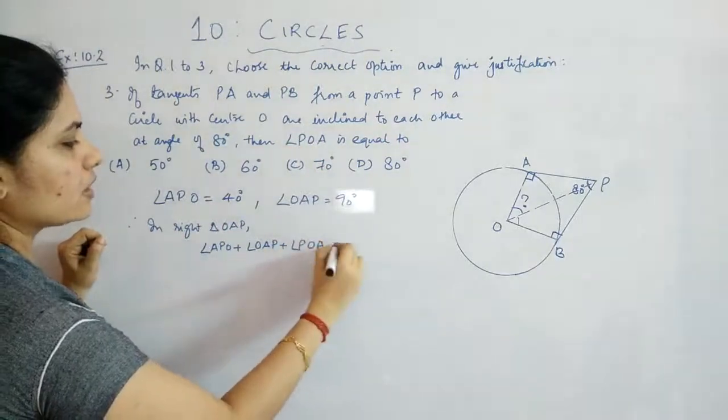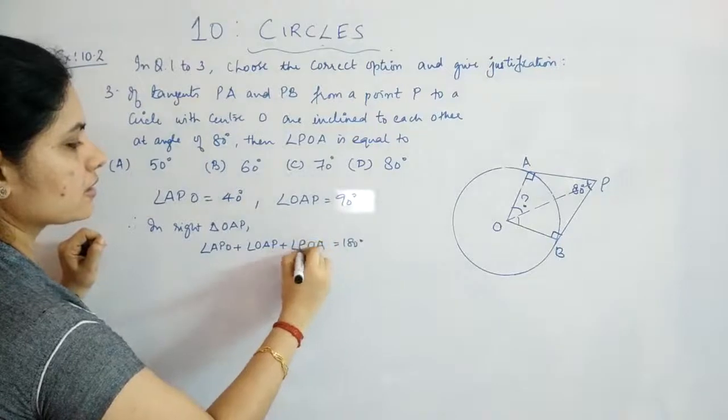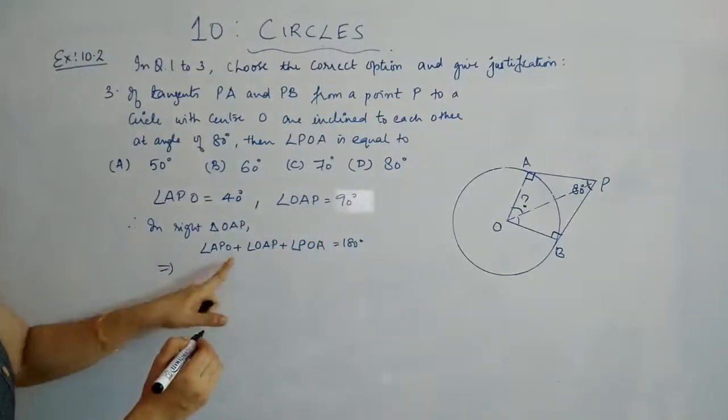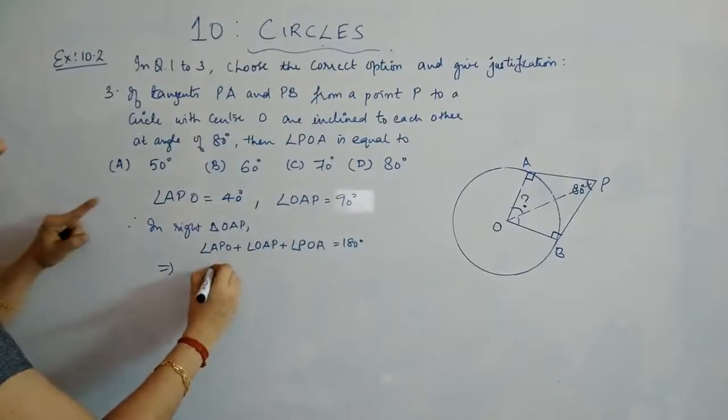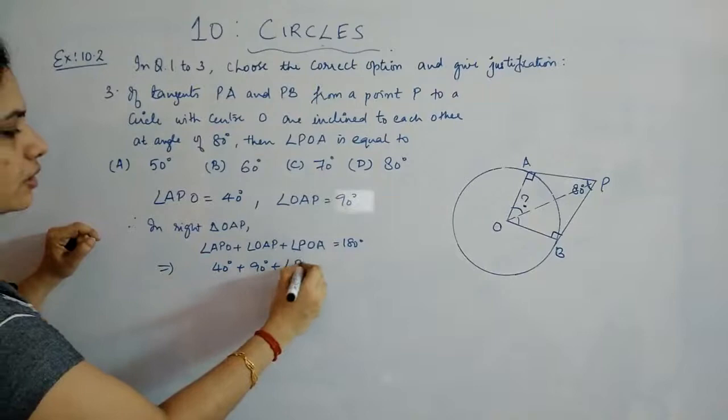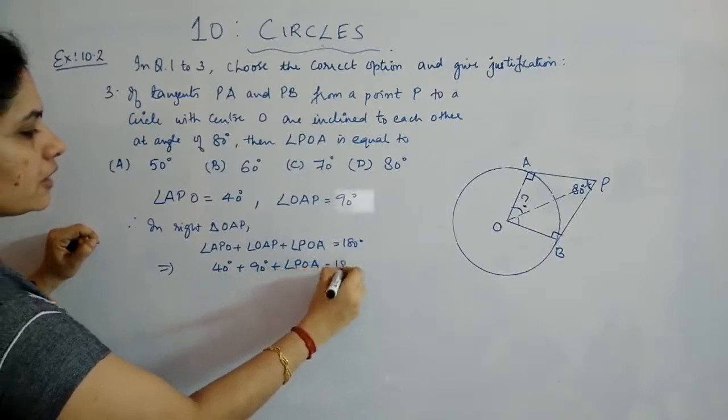POA should give you 180 degrees by your angle sum property. Here you have two angles given. One is 40 degrees, the other one 90 degrees. So this will automatically be 50 degrees, right?